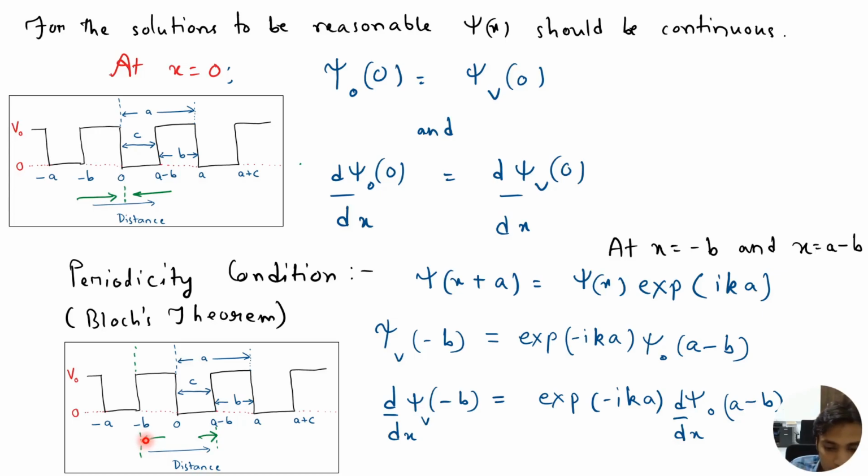Now this should match with the wave function which is coming from the other side. The wave function coming from the left hand side of minus b is the same as the wave function coming from the left hand side of a minus b, right? That part is clear now?